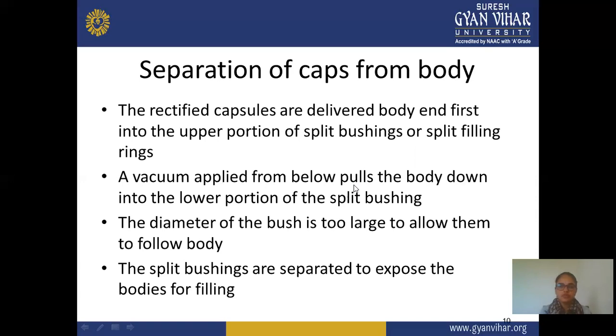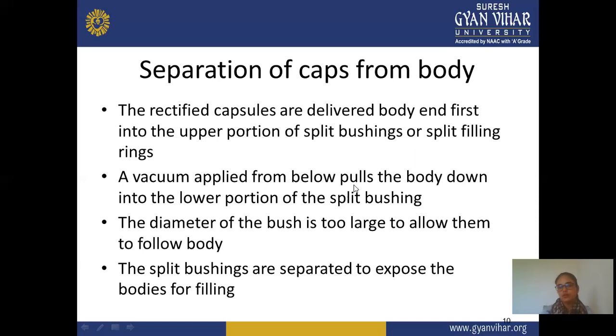Means you apply vacuum or some pressure, and with the application of this vacuum, the body is pulled down and split out from the cap part, and the diameter of the bushing is too large to allow the cap to follow the body, so the split bushings separate to expose the body for filling.